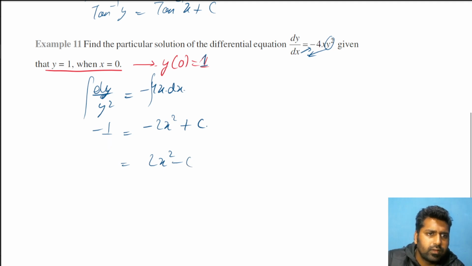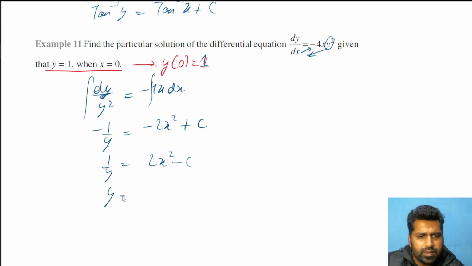So taking the negative sign on the other side, you write y is equal to 1 upon 2x square minus c. It just looks good like this, that's it. But you can write it like this also. Again, you have to see if you are matching with the ABCD options. There is no single way to represent a solution. All 3 forms are solutions effectively.